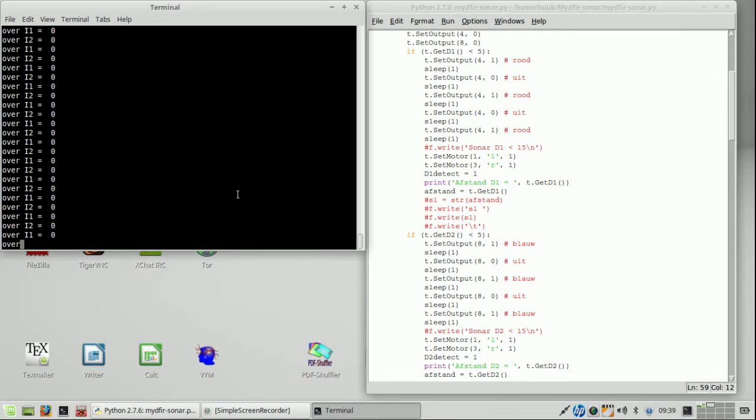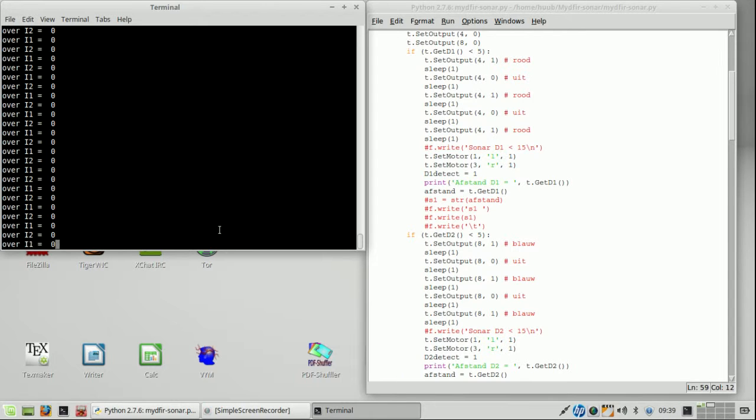And now I'm holding my hand in front of the left side sonar. And the left side sonar is, let's take a close look at it. Well, I think it's D2.